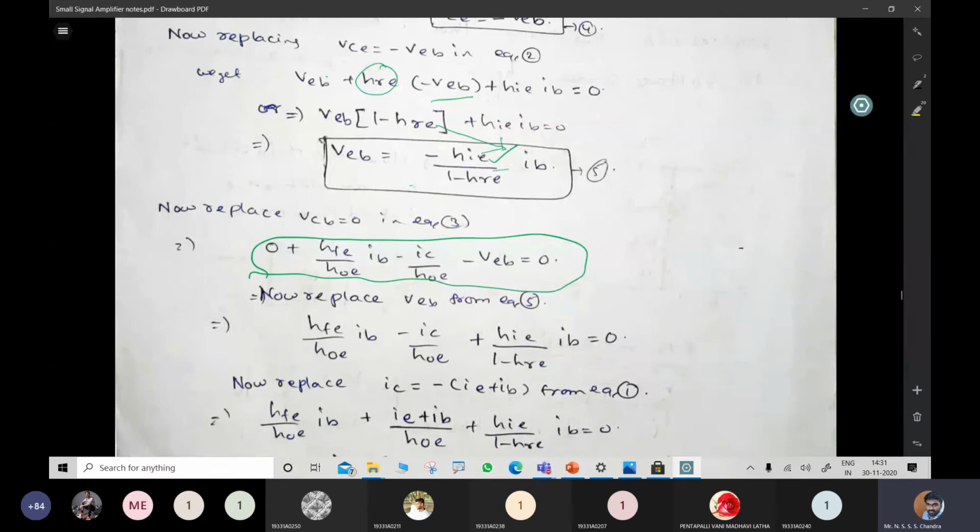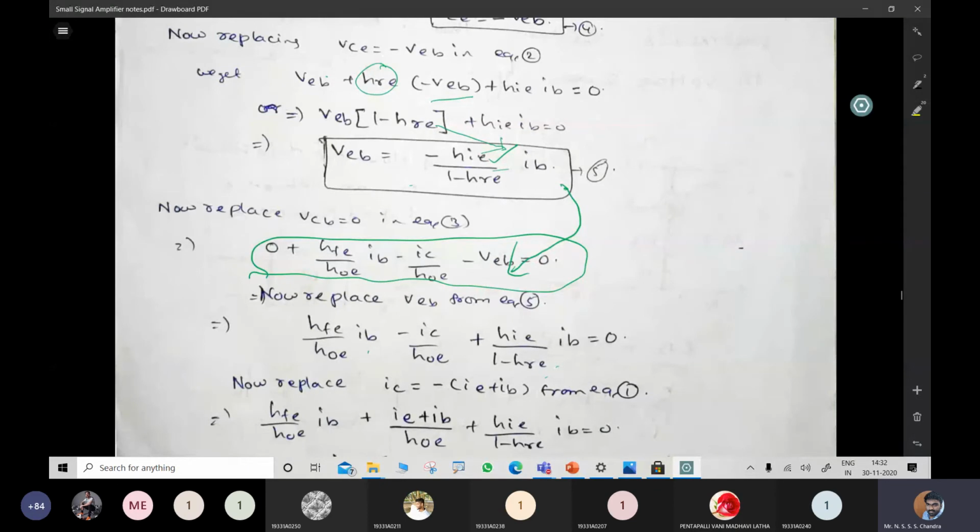Now because we already obtained a relationship between VEB and IB, we are going to replace this VEB value in terms of IB. So if we replace this, you'll be getting HFE by HOE IB minus IC by HOE plus HIE by 1 minus HRE into IB equal to 0.